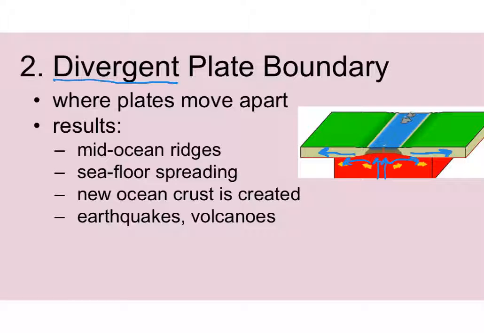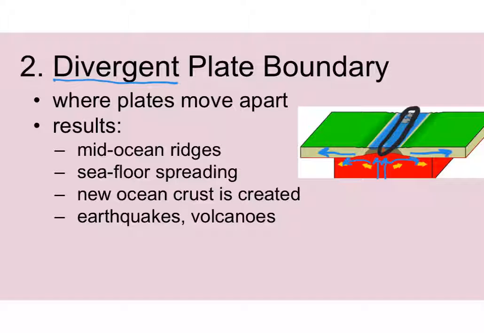And this is the very first thing that we talked about, where this is how continents started to first move apart, how they started to drift apart. And the result of this is that we end up with mid-ocean ridges, and you can see on our picture here that we have the mid-ocean ridge forming, and we can even see some of those little volcanoes popping up on the surface of the ocean.